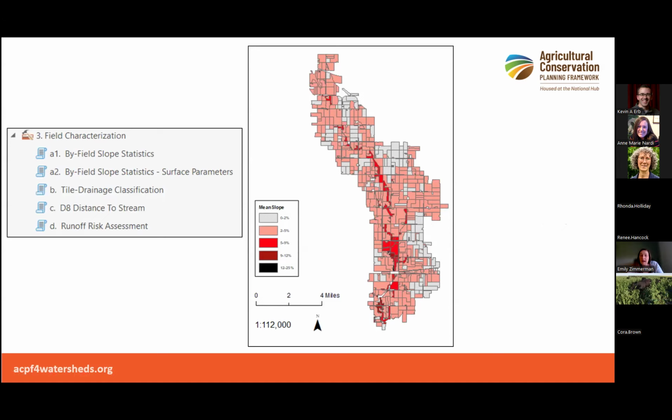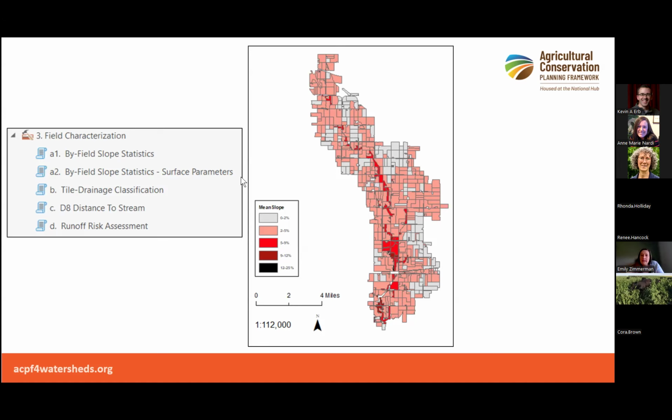There are 2 different ways of looking at slope, the classic GIS approach of slope statistics and then using surface parameters. My preference is to use surface parameters. The analyst will likely choose one or the other, and to be honest, it doesn't matter a whole lot. The outputs are going to inform slope at the field scale.